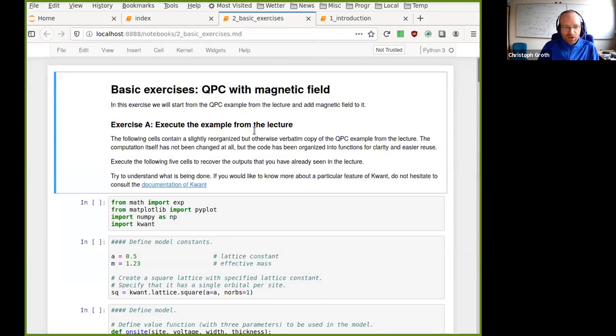And the idea is that we now have about 45 minutes, and everybody who likes is invited to work on these exercises. The idea is that you work linearly through this notebook, so cell by cell. There are cells that explain what to do, and then there are cells where you can try to modify things.